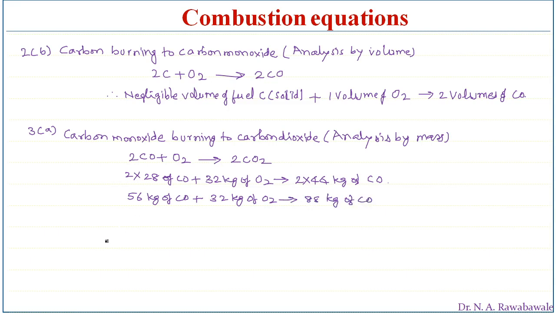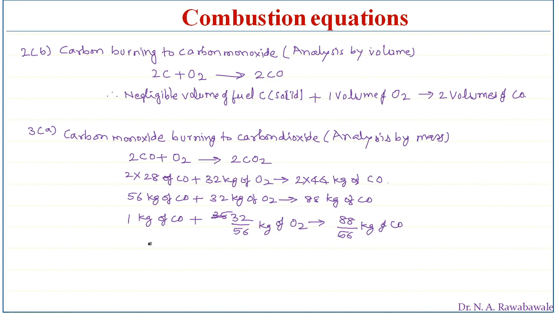carbon dioxide. Dividing this complete equation by 56, we get 1 kg of carbon monoxide is burned in presence of 32 divided by 56 kg of oxygen, producing 88 divided by 56 kg of carbon dioxide.